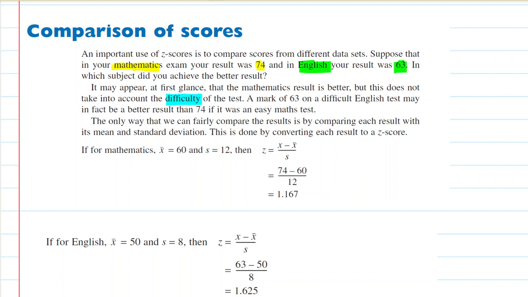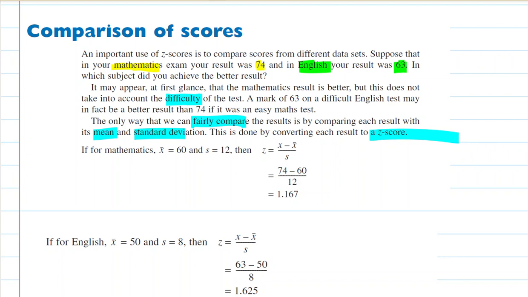So how do we compare these two exams? The only way we can fairly compare these results is to get the mean and standard deviation, and then convert each score into a z-score.